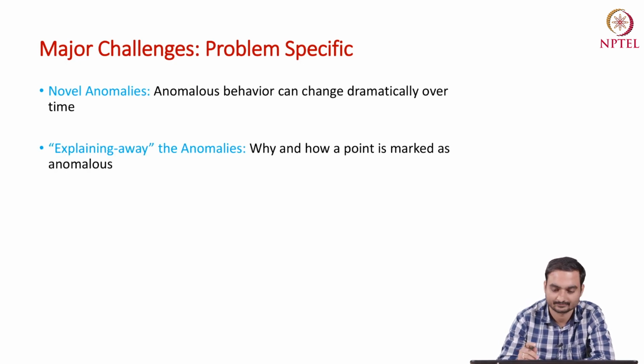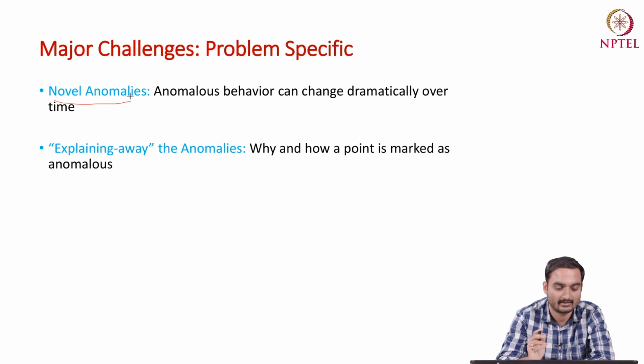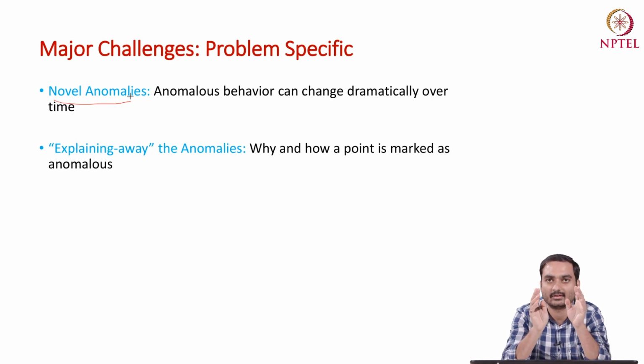Okay. So the other problem specific challenges include the anomaly detection problem. The anomalous behavior itself is novel. Why? Because these fraudulent users keep on changing their behaviors over time.